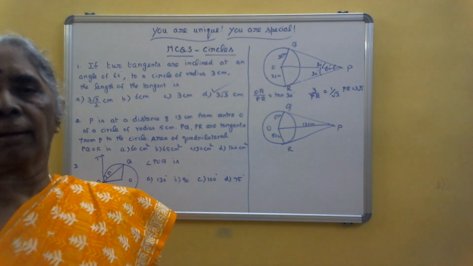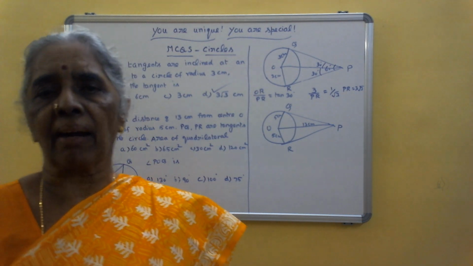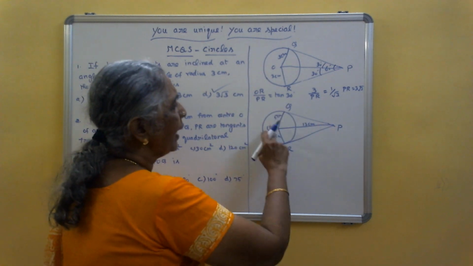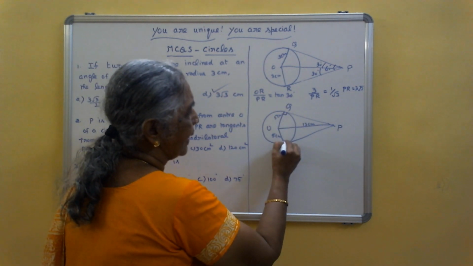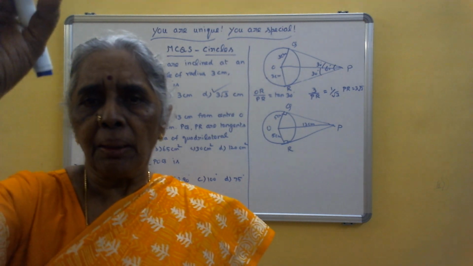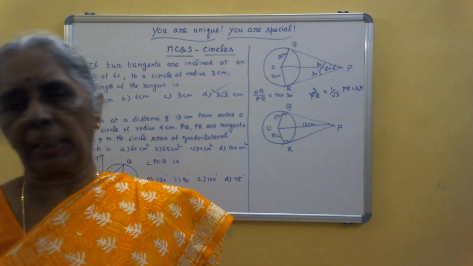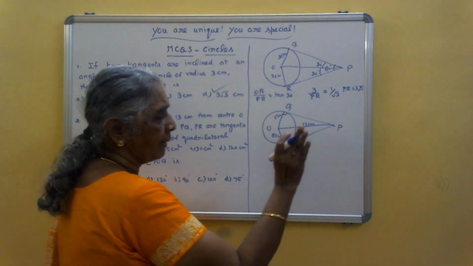That quadrilateral is actually consisting of two right triangles, OQP and ORP. You know this is 90 degrees, isn't it? The radius at the point of contact is perpendicular to the tangent. Okay, so this is 90, that is 90.